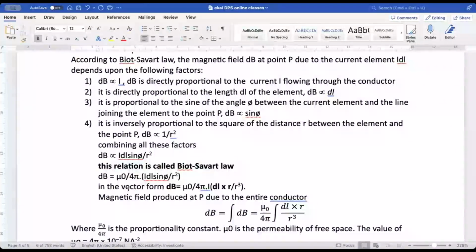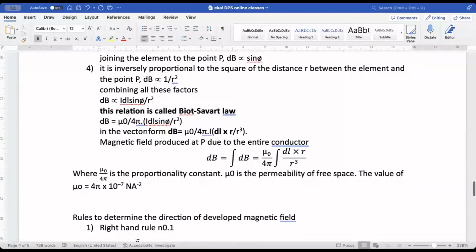So dB is mu naught by 4 pi, where mu naught by 4 pi is the proportionality constant. And in the vector form, we can write it as dB is equal to mu naught by 4 pi into I dl cross r by r cube.